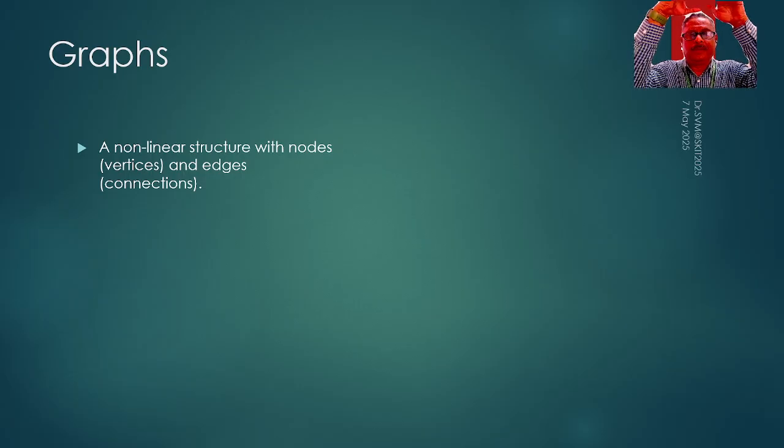A tree moves from the root down to the leaf, but a graph is a general form. Every tree can be a graph, but every graph cannot be a tree, because a graph can contain loops, and a tree cannot contain them.